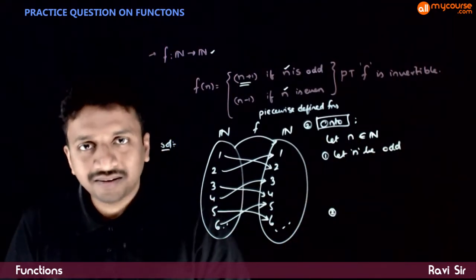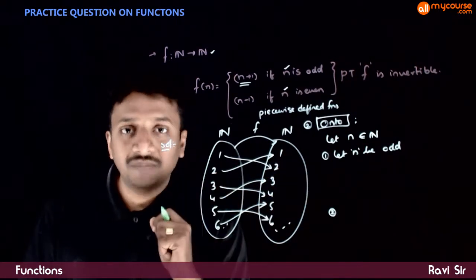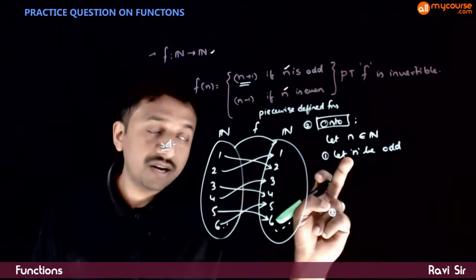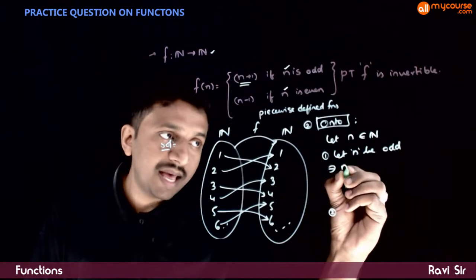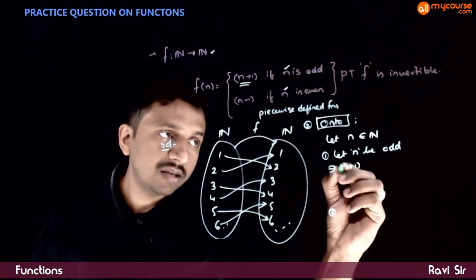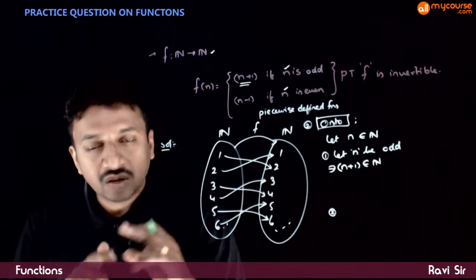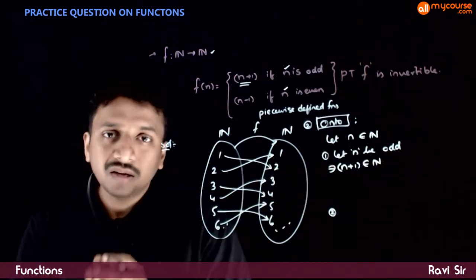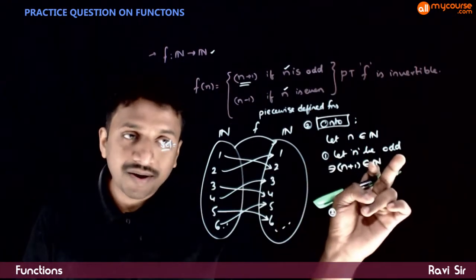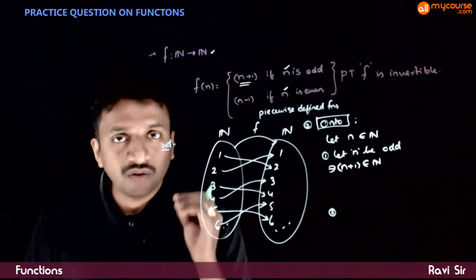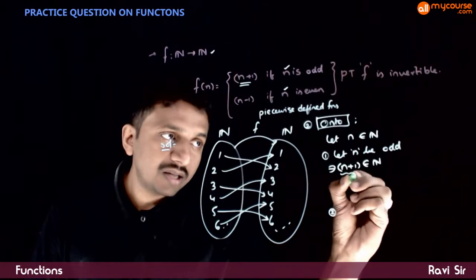So for every odd number n, there exists a number n plus 1, which also belongs to the set of natural numbers, right? Every odd natural number plus 1 is always a natural number. If n is odd, this is even.